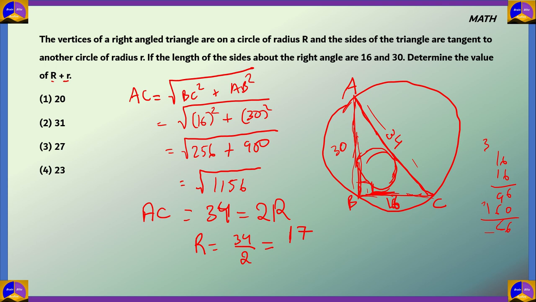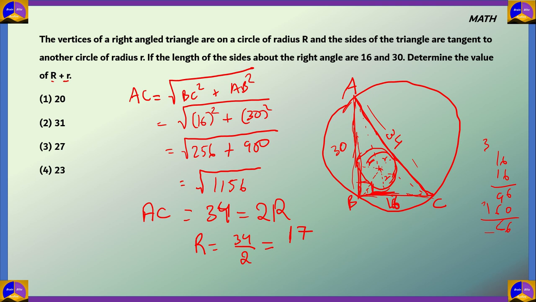Now we need small r. So let's consider this as r. We know that this would be r, this would be r, and this would be r, because these are tangents to the circle. AC, BC, and AB are tangents to the circle.